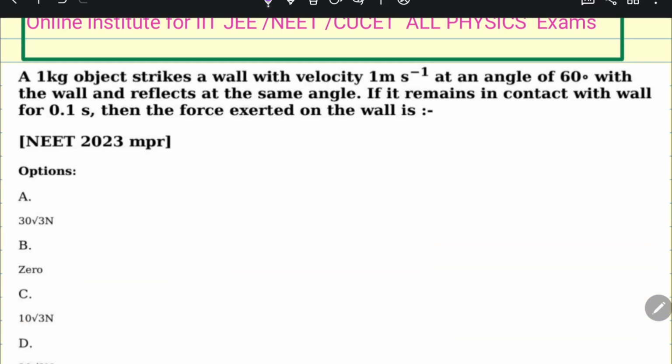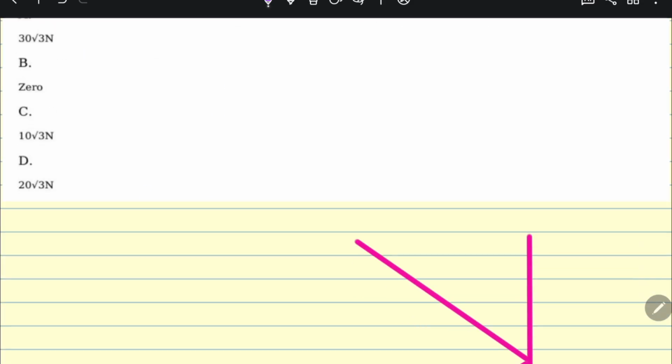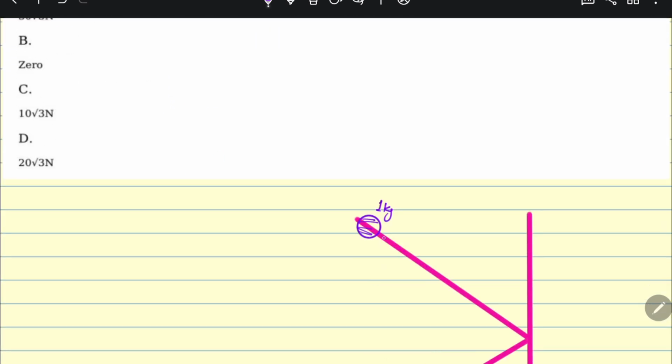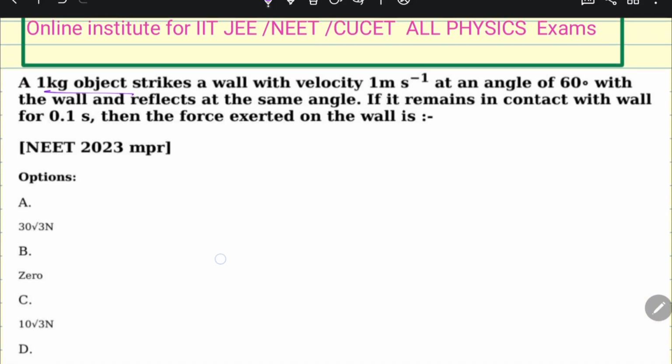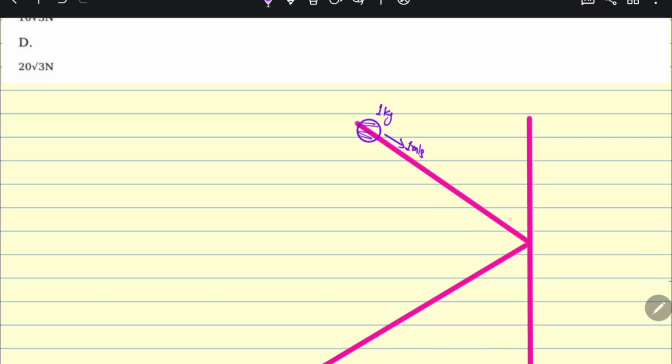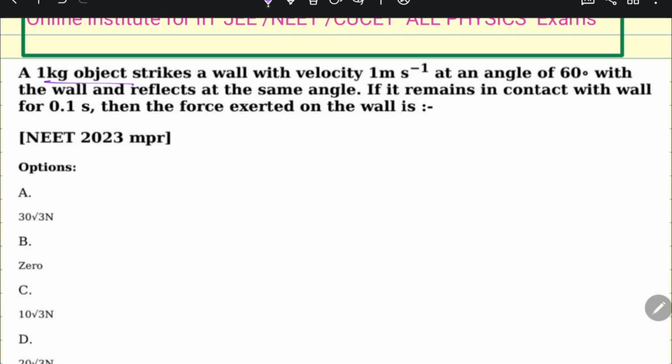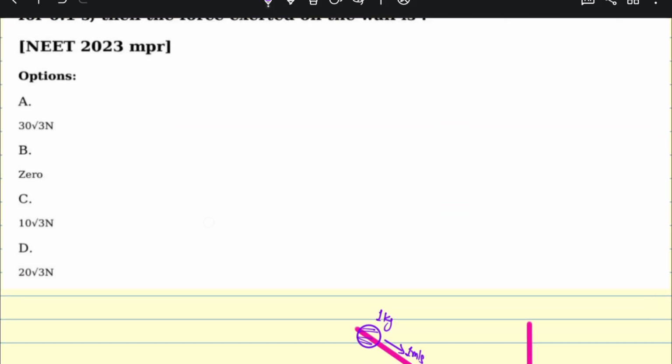So here they say a 1 kg ball strikes with the velocity 1 meter per second at an angle of 60 degree and reflects at the same angle.